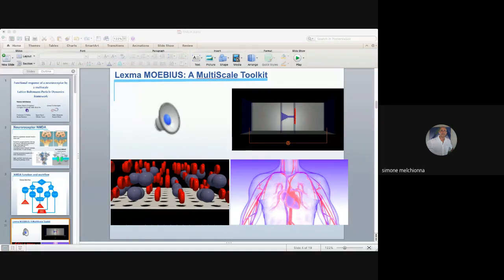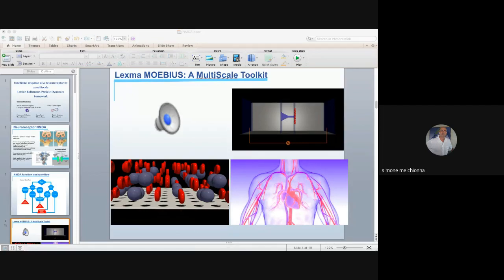What you see now is a circulating tumor cell filter, a device that is being developed by some companies around. But also Lexma focuses on physiological flows and medical flows, meaning that along the years, we've been looking at cardiovascular behavior in coronaries and carotids and other types of cardiovascular systems, but also respiratory systems.